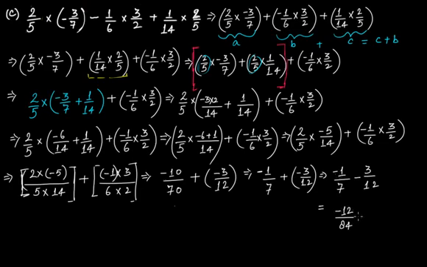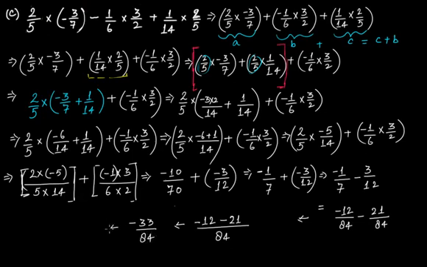Minus 12. Minus, if you want 84 here in the denominator, write 84. 84 divided by 12 gives you 7. 7 times 3 is 21. So this becomes 84, this is minus 12, and this is minus 21. This becomes minus 33 over 84.